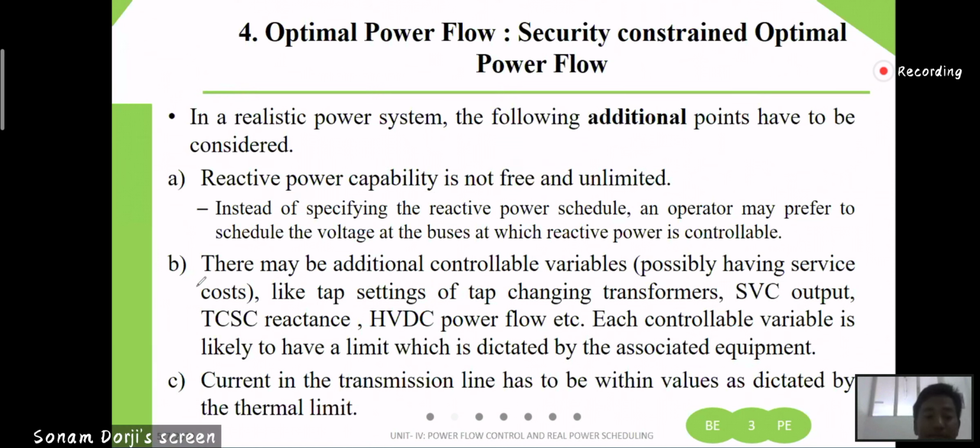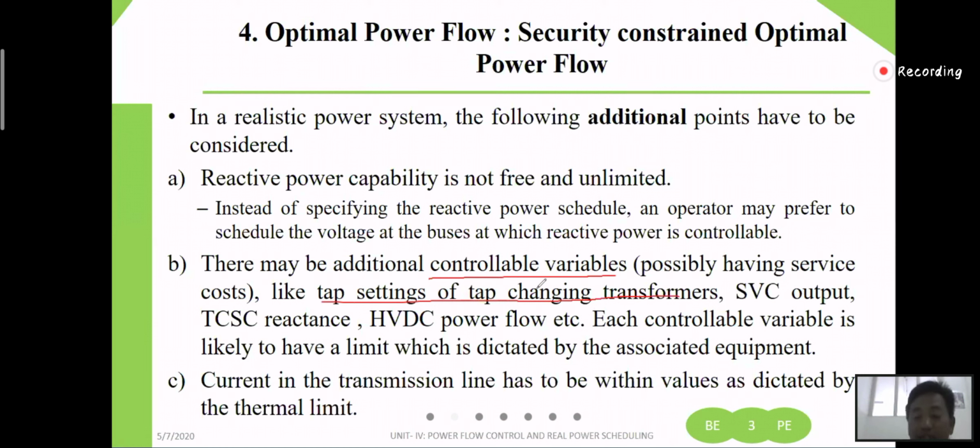Then there are many additional controllable variables possibly having service costs, like tap setting of a tap-changing transformer, SVC output, TCSC reactance, HVDC power flow, etc. All of these are additional controls which involve cost.